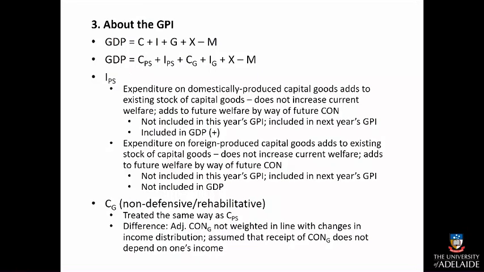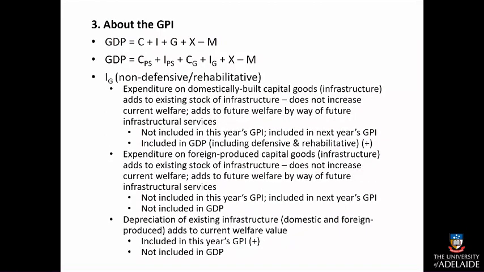So it's assumed that private sector household consumption depends upon the distribution of income, but who gets to consume government-provided consumption goods, it's assumed income is irrelevant. So there's no weighting.